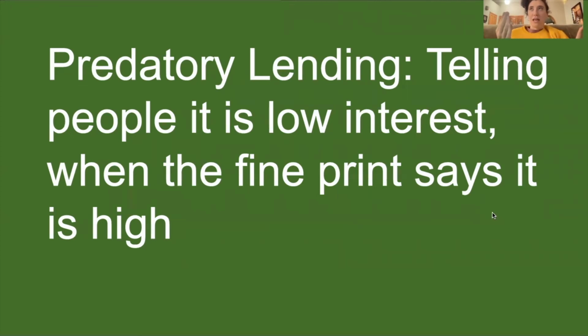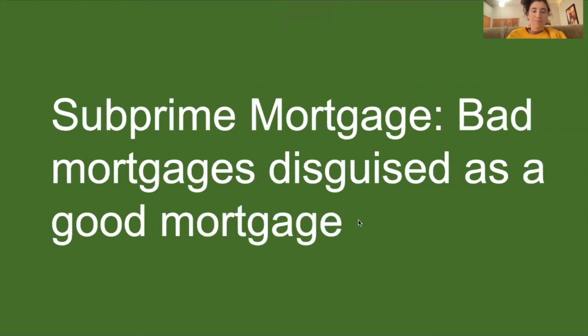But unfortunately, these people who really can't afford to buy a house and should not be buying a house are taking out mortgages that eventually they won't be able to afford, because that interest rate starts out really low, but then slowly starts to increase to a point where they're not able to pay it off. So they're kind of lying to them. They're saying, hey, we have this low interest rate, which is true, but they don't say that the interest rate will increase to a point where those people won't be able to pay it.